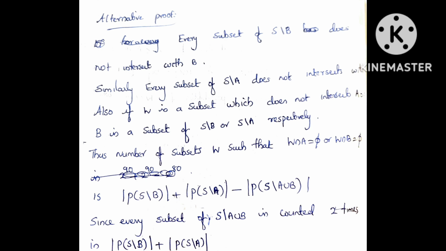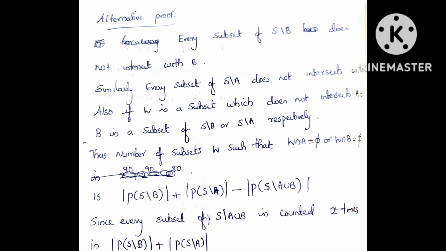So the subsets which have an empty intersection with A or B are the power set of S minus A union the power set of S minus B. Since S minus A union B is contained in both S minus B and S minus A, every subset of S minus A union B is counted 2 times.